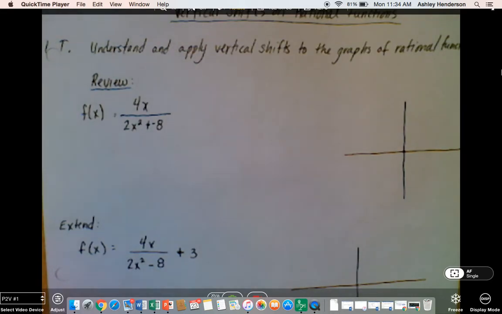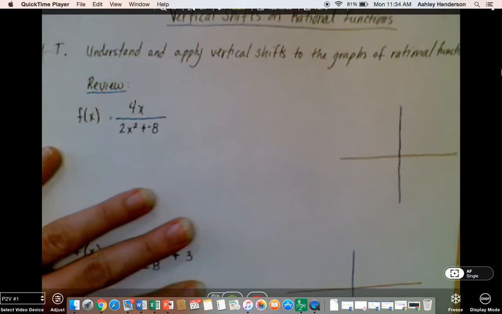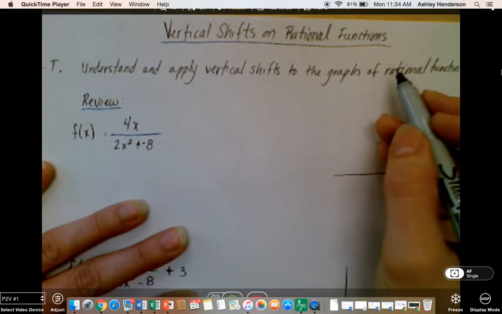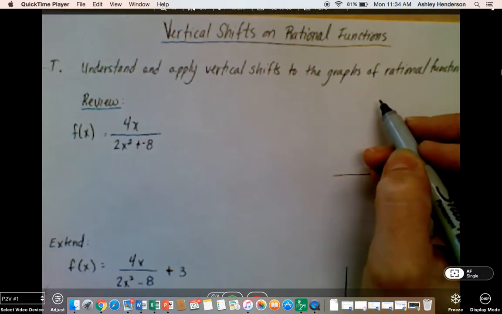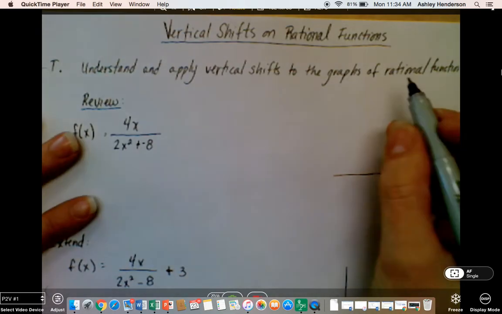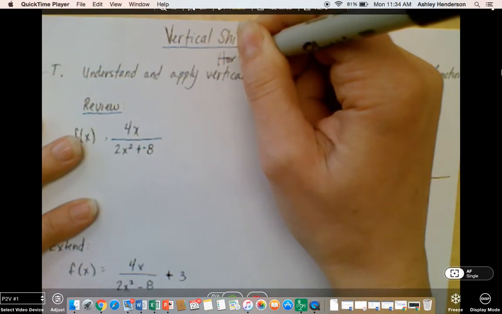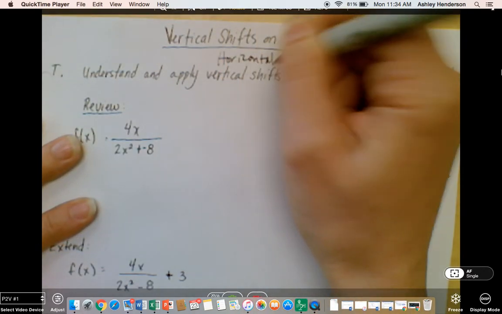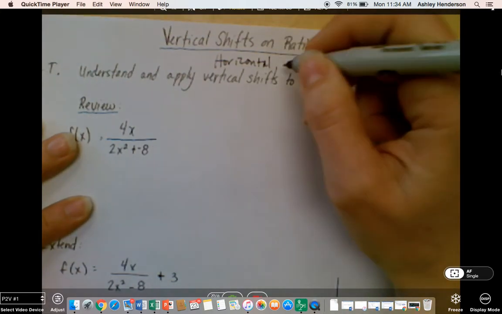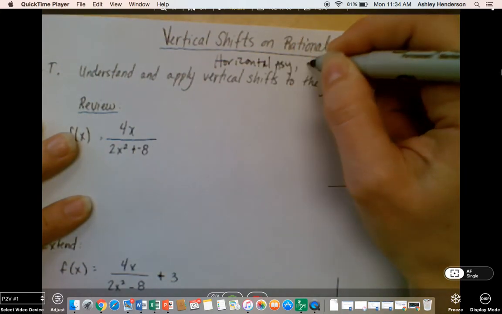Okay. So these are the notes for vertical shifts on rational functions. We've talked about all of the key features of a rational function at this point, which would include your horizontal asymptotes, your vertical asymptotes.